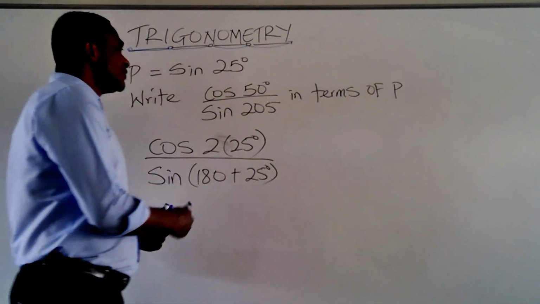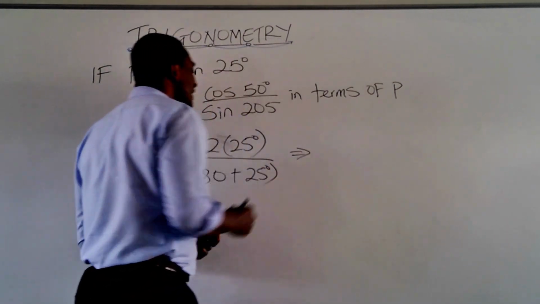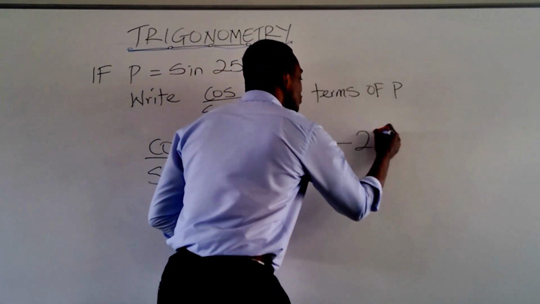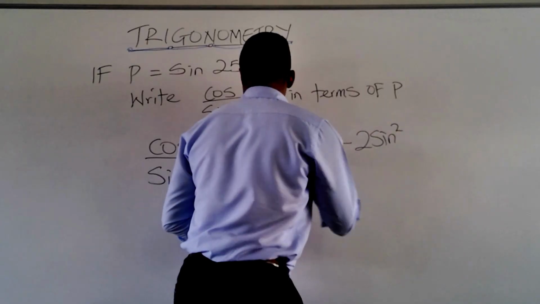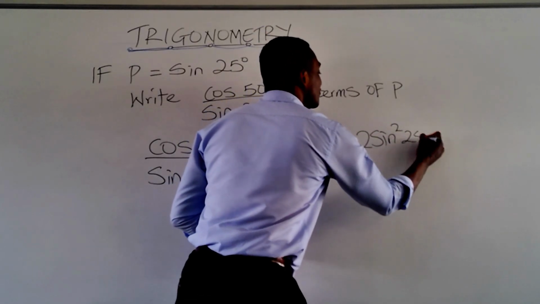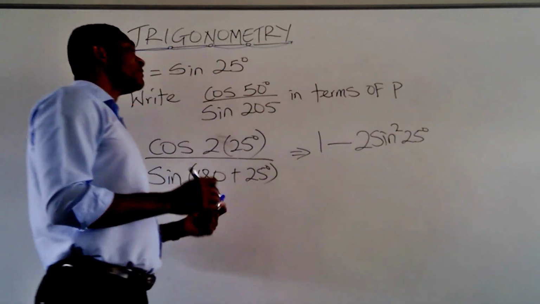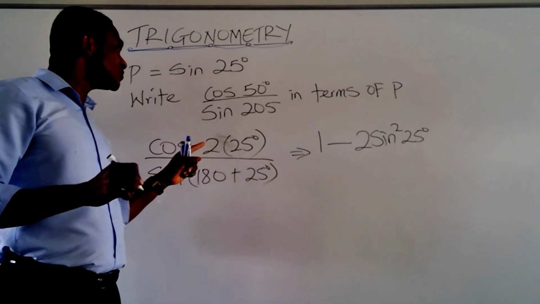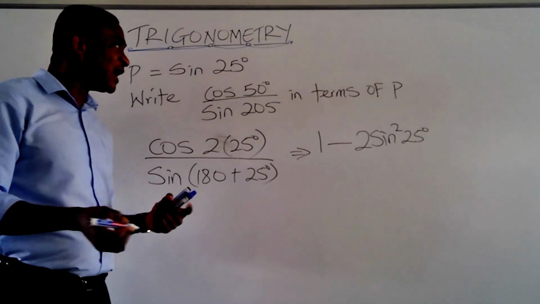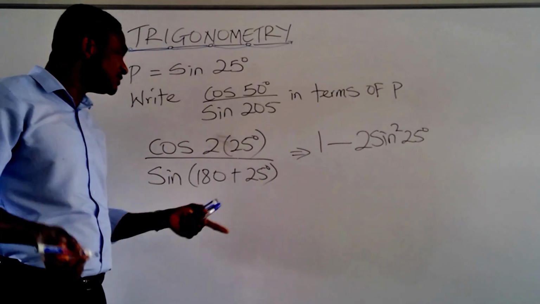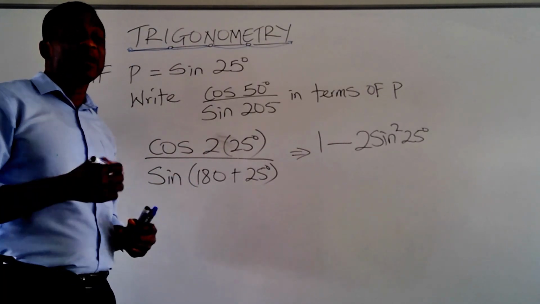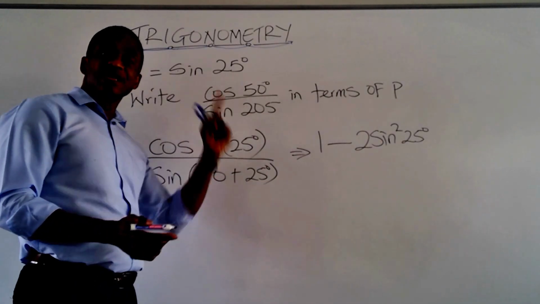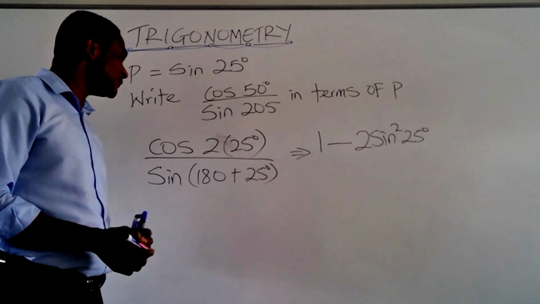So we have 1 minus 2 sine squared 25. Remember, the double angle identity of cos can be 2 cos squared theta minus 1, or 1 minus 2 sine squared theta, or cos squared theta minus sine squared theta. You choose the one that is relevant to the given key or to the given expression.